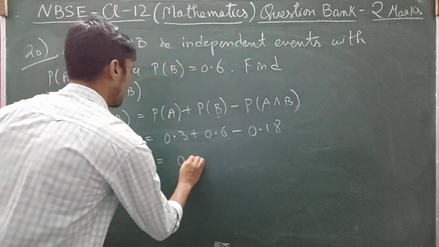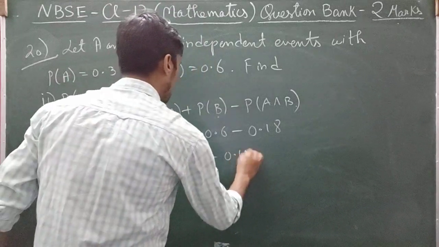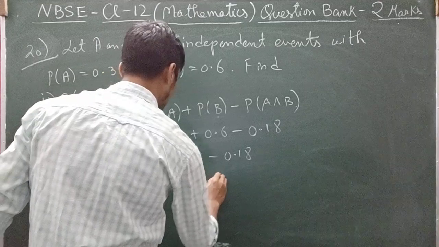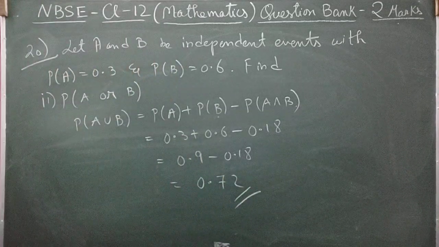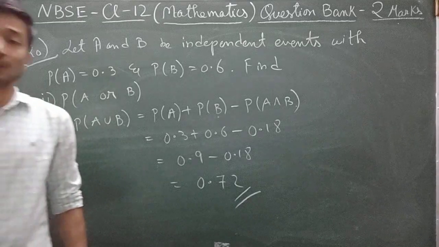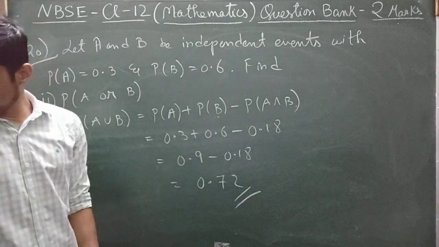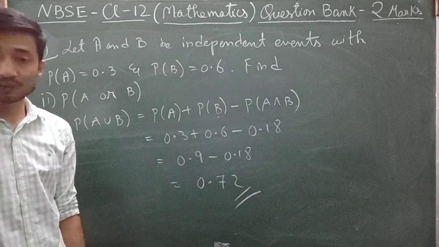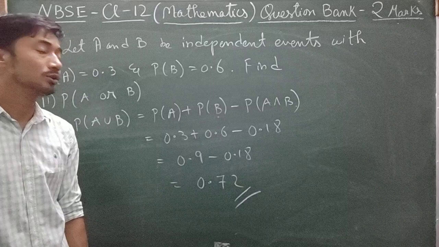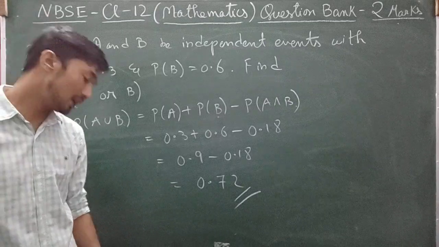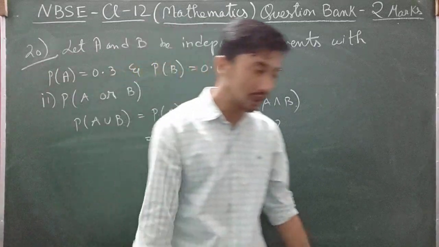So 0.9 minus 0.18, that's going to be 0.72. Alright, so that winds up the 2 more questions. There are 20 questions. I think we've done about 17 questions in total. 2-3 questions were from the reduced syllabus.